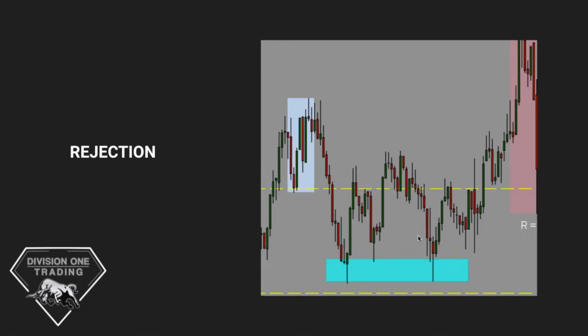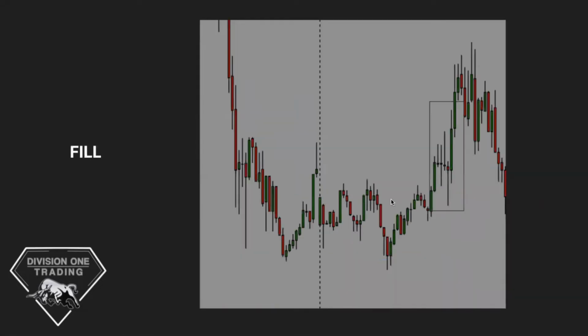We'll go to it in a second, the difference between rejection wicks and buildups. Right here we have what we call a fill. When you have a candle, for example, that trades like this, say we get a doji, and then we trade through it and engulf it, that's a fill.